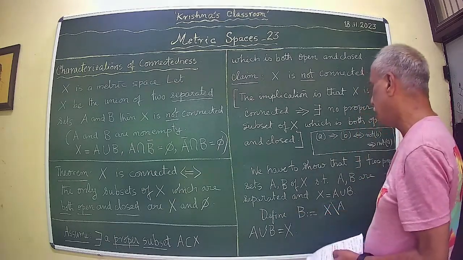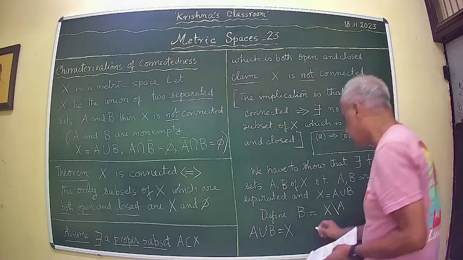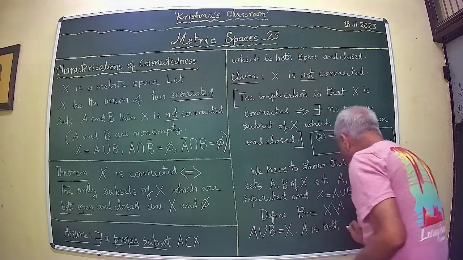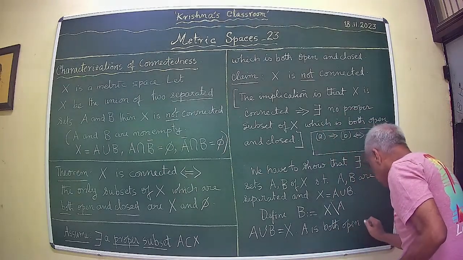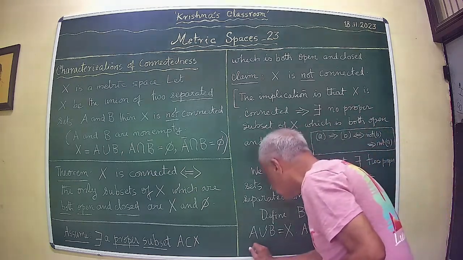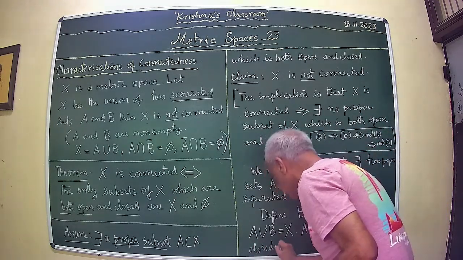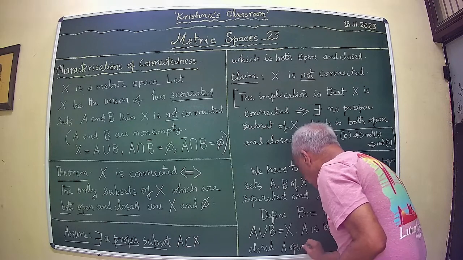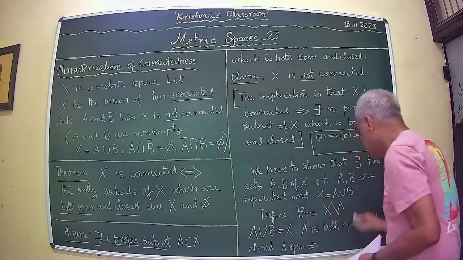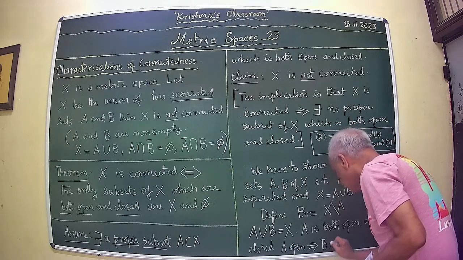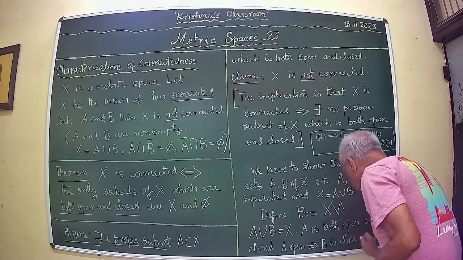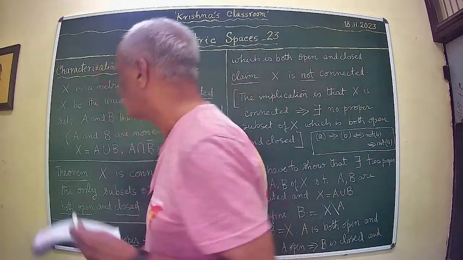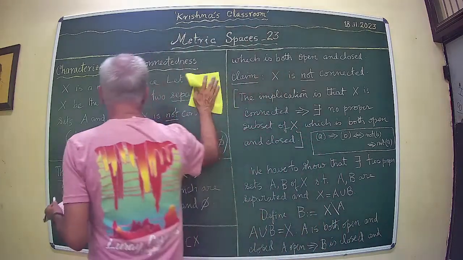Now what is given? Our assumption is that A is both open and closed. Therefore, A open implies B is closed, and A closed implies B is open.